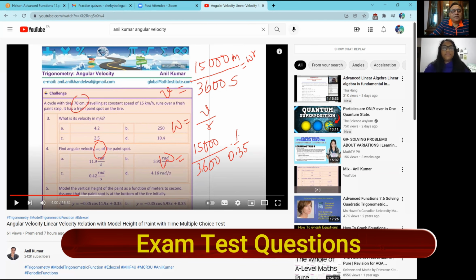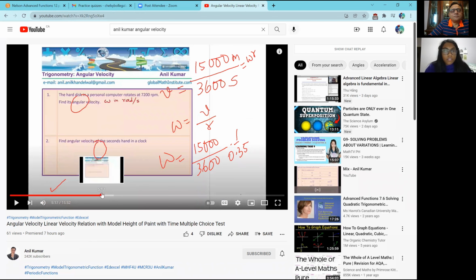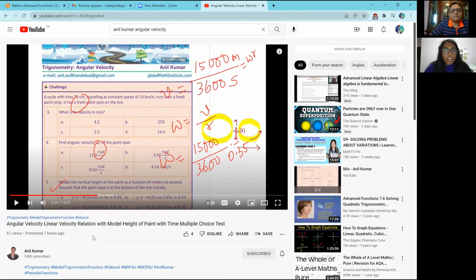Okay. And part C is, can you please read this question? Here, let me move it. Number 5. Model the vertical height of the paint as a function of time. Assume that the paint spot is at the bottom of the tire initially. So just as you did earlier, it is starting from the bottom. So it's a negative cosine wave, right?